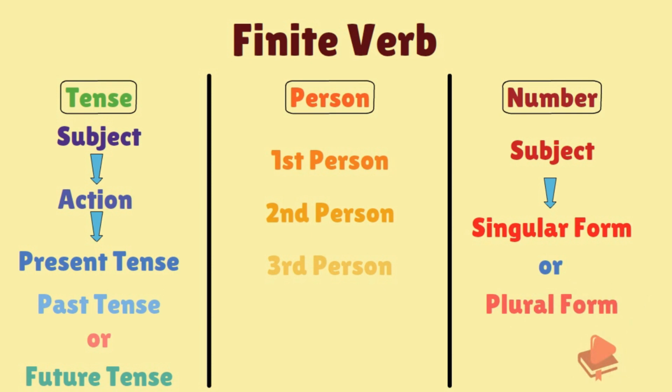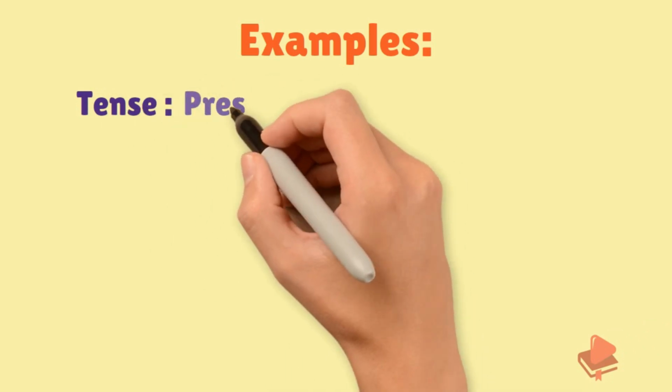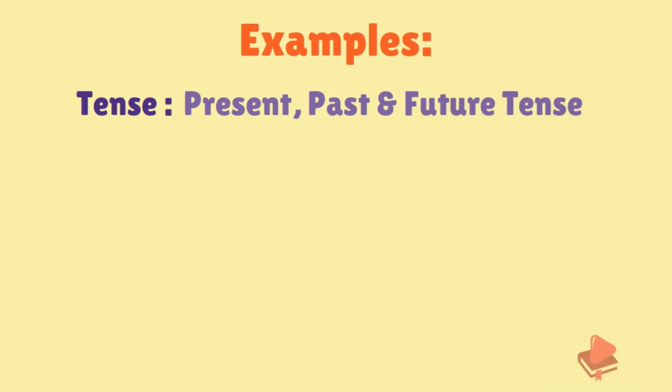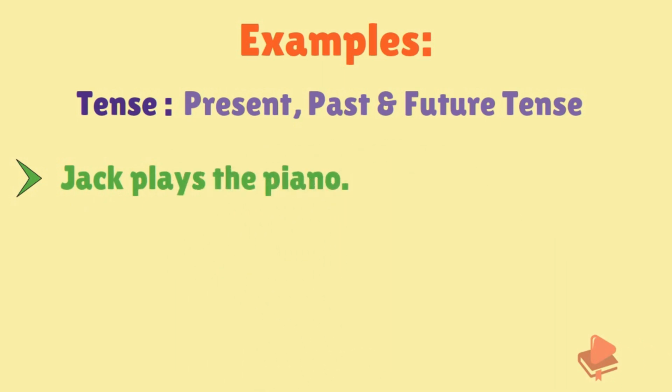That means finite verbs are the verbs that can change according to tense, according to person, or according to the number of subjects. Let's understand with examples. Firstly, we will see the example according to the tense. That is, if it is in the present tense, past tense, or future tense. Jack plays the piano.